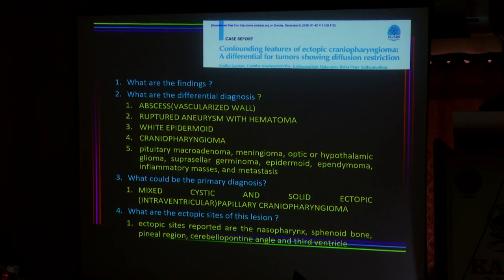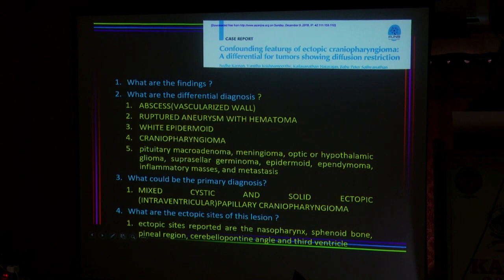It could be a craniopharyngioma, rarely an abscess with vascularized wall. The other common differentials can be a macroadenoma, which can be ruled out because the sella is not involved, suprasellar germinomas or epidermoids. The primary diagnosis was an intraventricular papillary craniopharyngioma, which is quite a rare diagnosis, and we published it some years back.